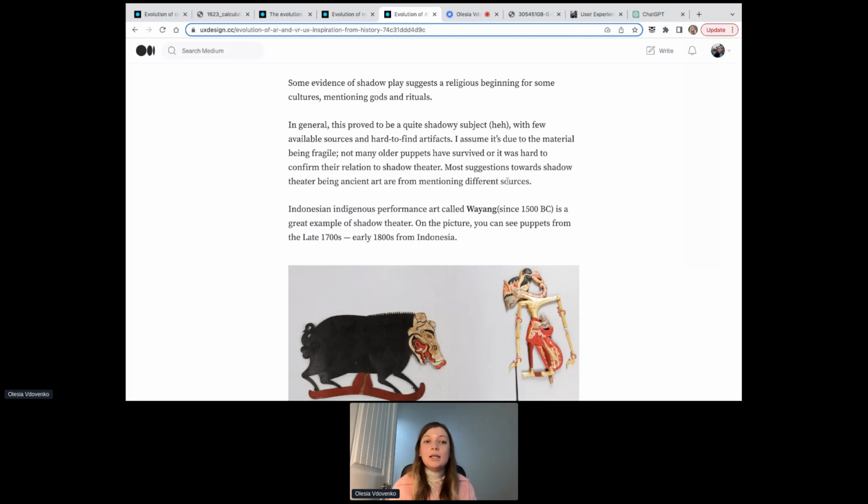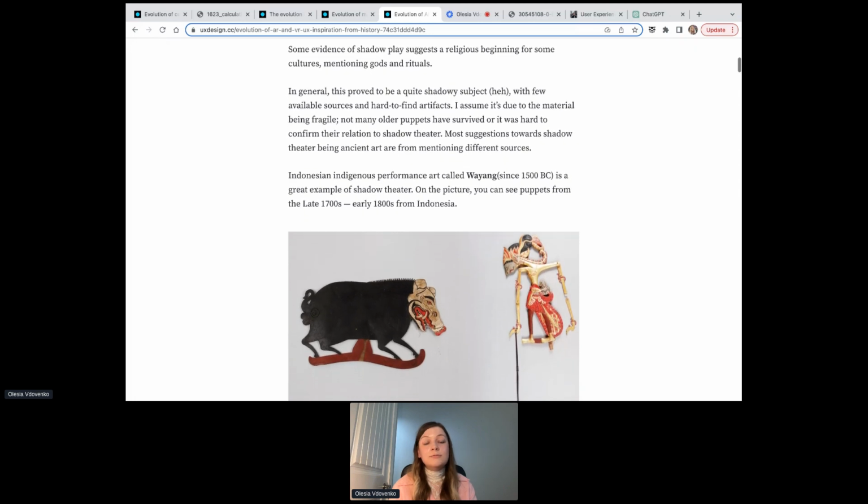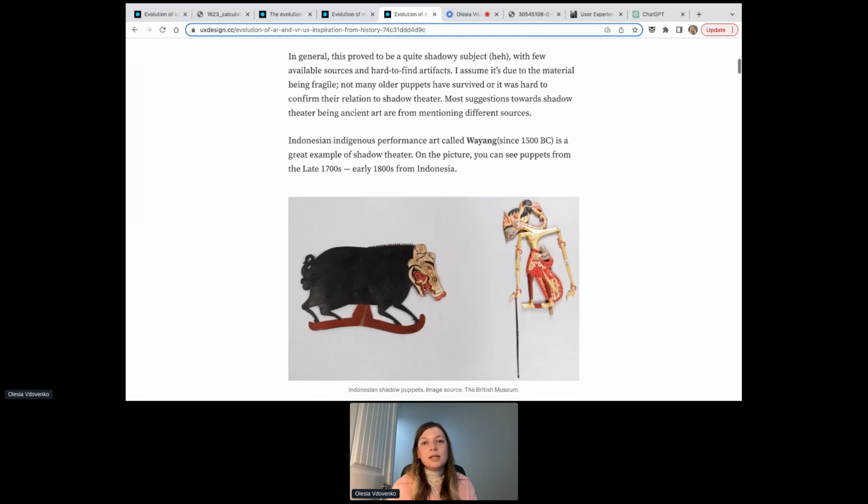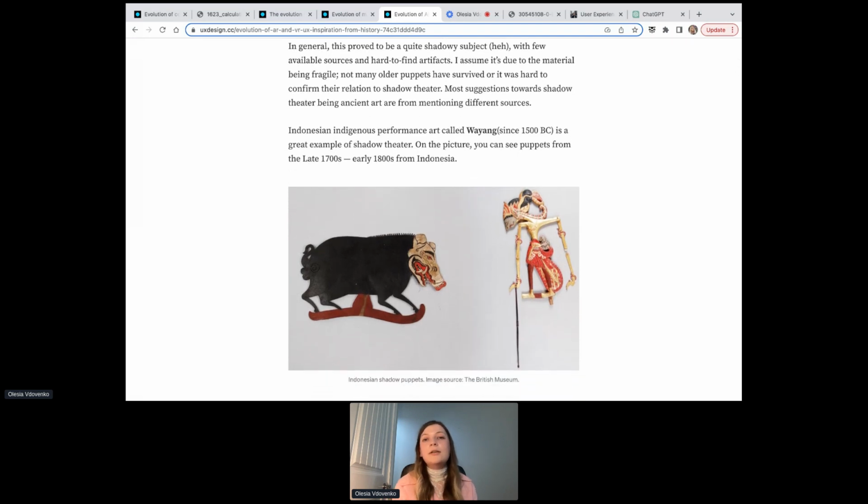And when I was thinking about this, first thought that came to my mind is shadow play. And turns out it's also a very ancient art form that was extremely hard to find any information on. That's like returning to the point that it's not easy if you want to find that information. It's not easy.